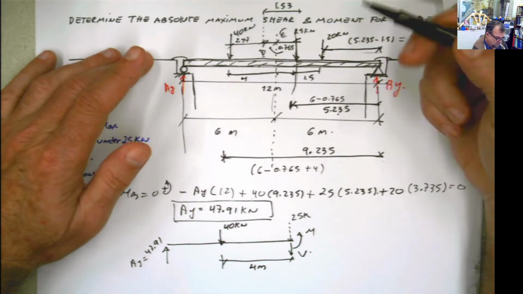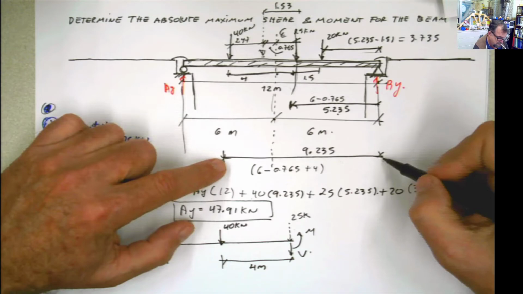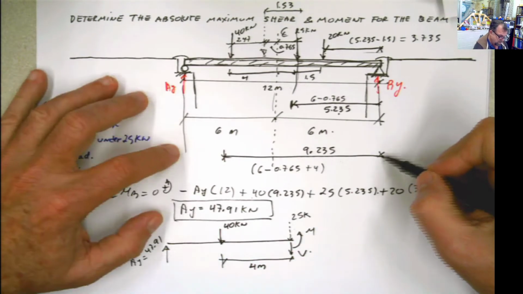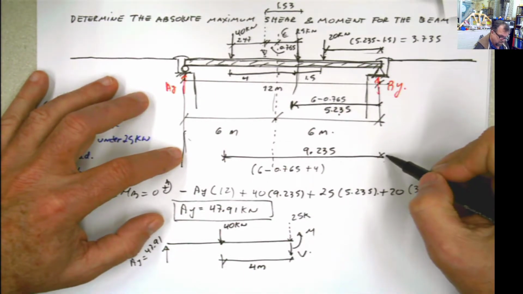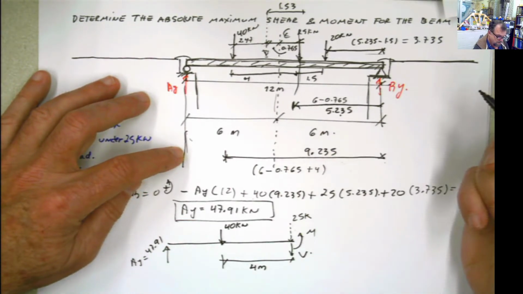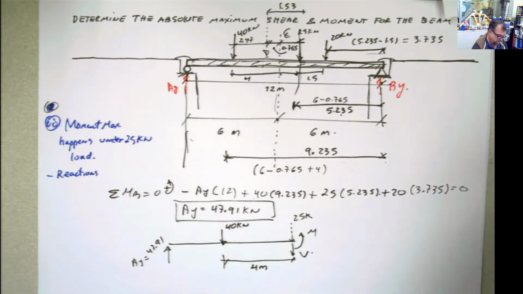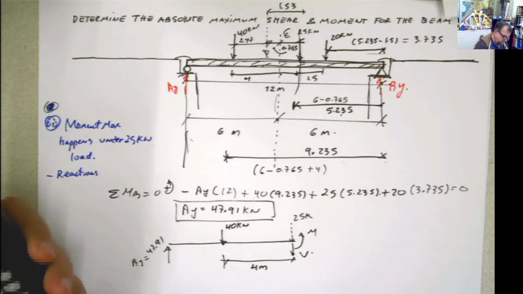Actually, it could be calculated in many different ways, but we already have this distance, right? So I can say that it's 12 minus 9.235, and that will give me the distance that I'm looking for.